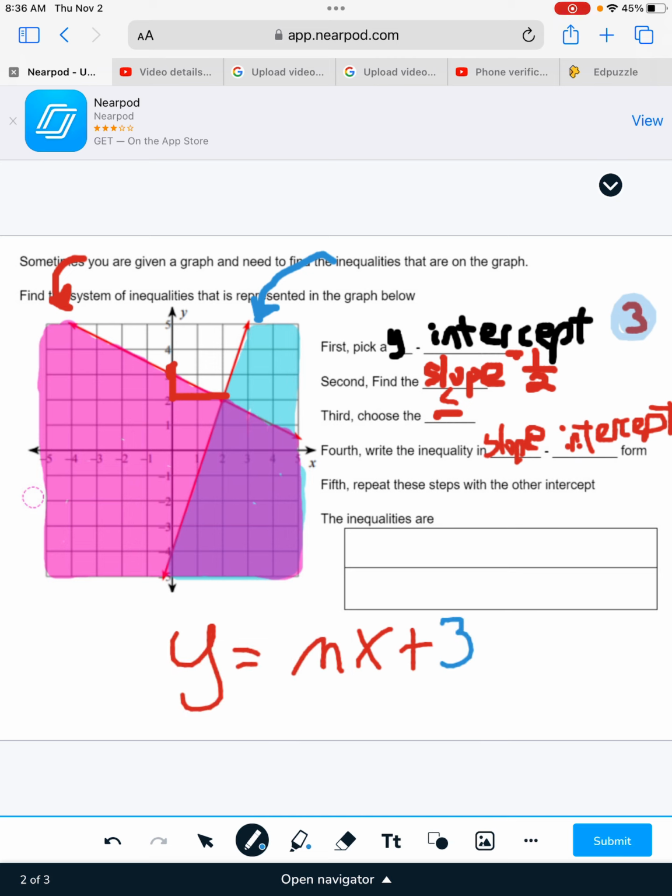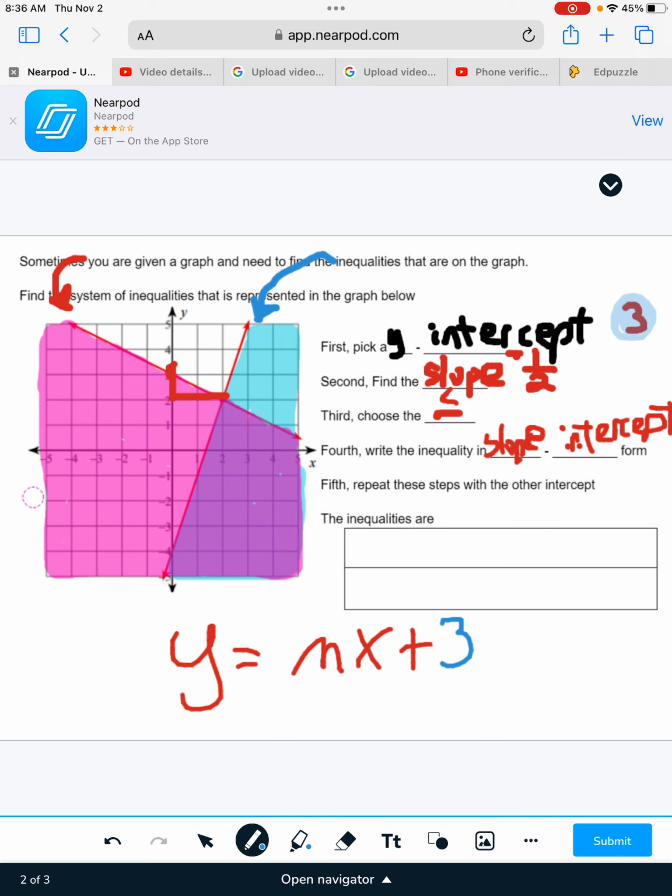From there, I care strongly about my negative 1/2. That negative 1/2 being my slope corresponds to my m. So instead of y equals just mx plus b, my slope was negative 1/2, and that's what goes there. Last but not least, I care about this sign. That sign goes where the equals is.